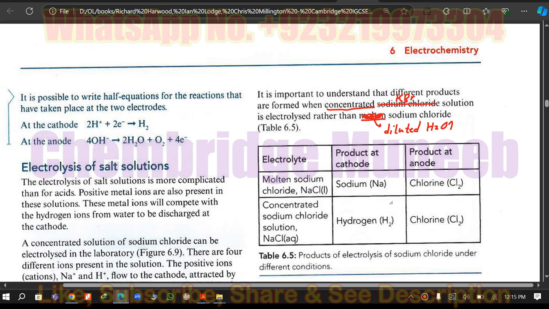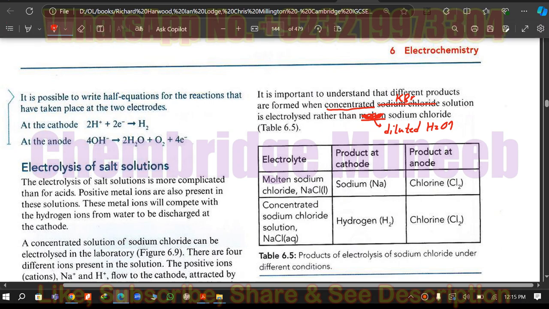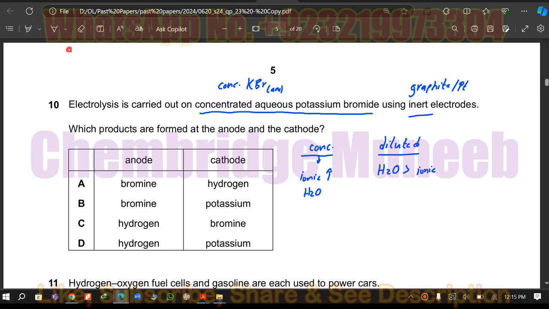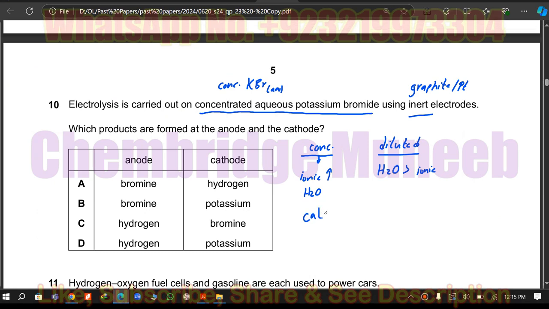Now the second factor which we need to find is the cations which are present in this aqueous form. In case of cations, we have the hydrogen ions versus the potassium ions. So which one will be discharged at the cathode?